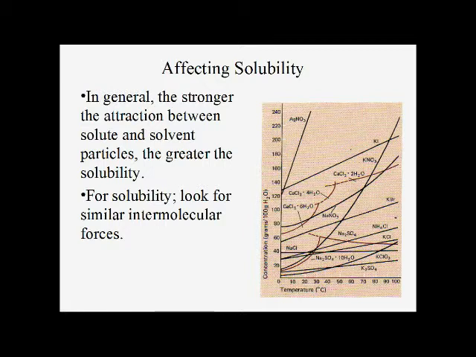So generally, if we have a strong solvent-solute interaction, we'll have a higher solubility. On this graph here, we can see that we have some wide variation. Potassium sulfate increases only slowly with temperature. Silver nitrate increases dramatically with temperature. Some of the lines look linear, other lines look curved or potentially exponential.